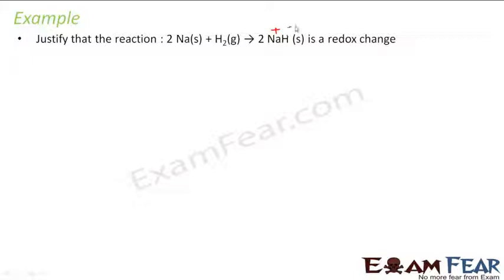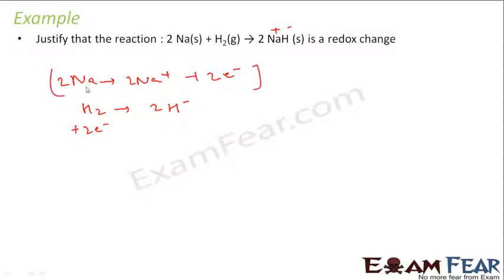So if you see, this is Na plus H2. In this case, the reaction is Na becomes Na+ and H2 becomes 2 of H-. Correct? And this gave 2 electrons and this needed 2 electrons. So here we see, this is nothing but loss of electron. So this is an oxidation process and this is a reduction process.